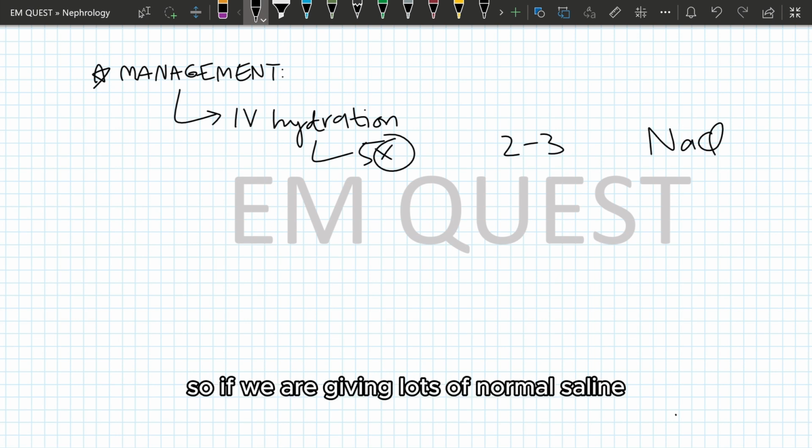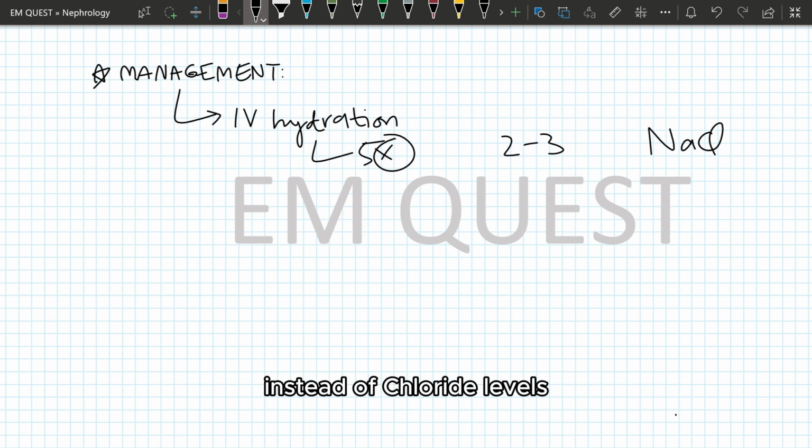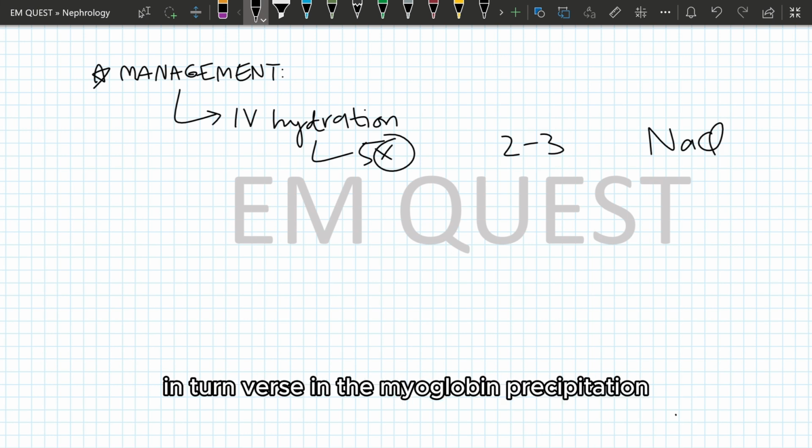So if we are giving lots of normal saline, this can lead to a disproportionate increase in serum chloride levels, and that can worsen the acidosis, and that can in turn worsen the myoglobin precipitation.